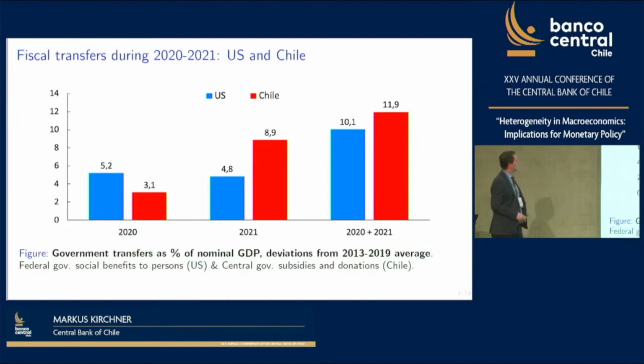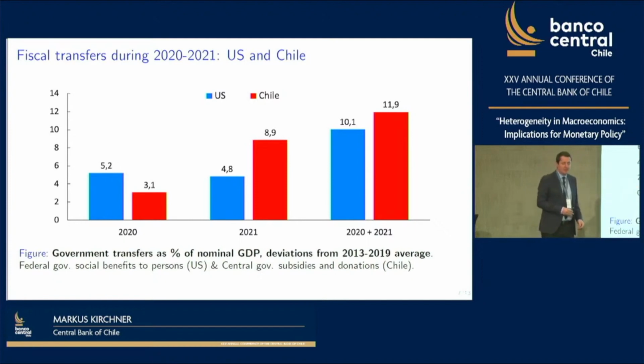So here's the practical relevance of this. During the pandemic, large fiscal transfers were enacted. So you see the case of the US and Chile. Over 2020 and 2021, the average increase in government transfers in the case of the US was about 10 percentage points of GDP, right above the 2013-2019 average.